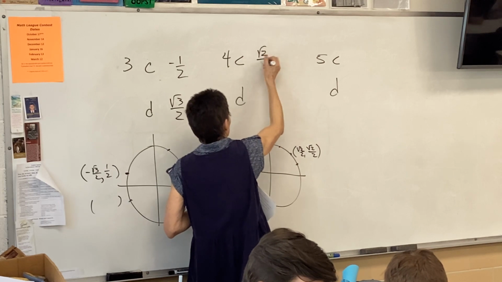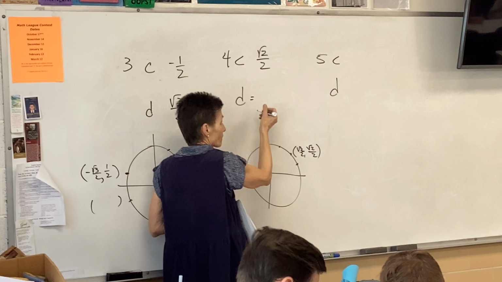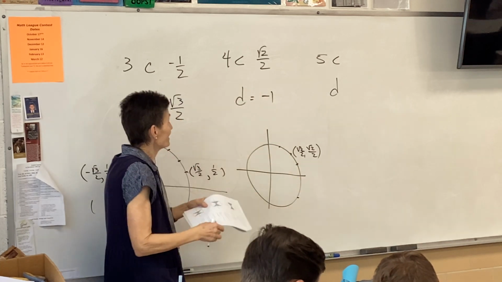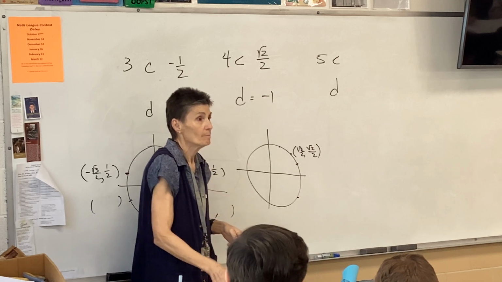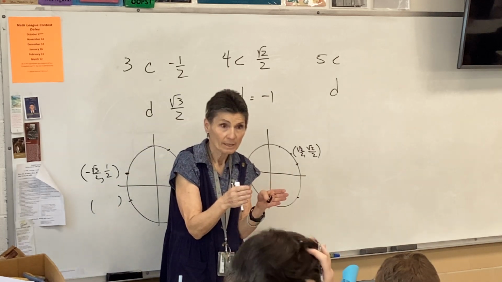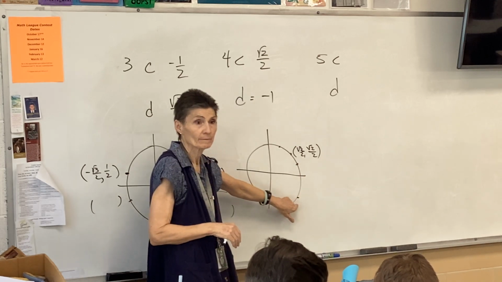Root 2 over 2, perfect. And how about 4D? Negative 1. Why is it negative 1? Because y and x are the same number, except one is positive and one is negative. Because you're down here.